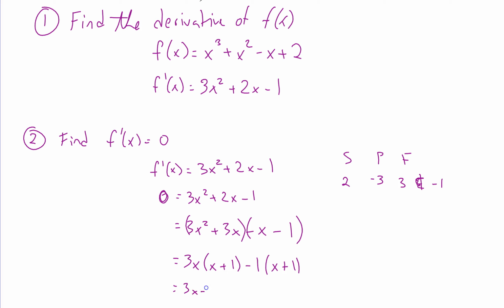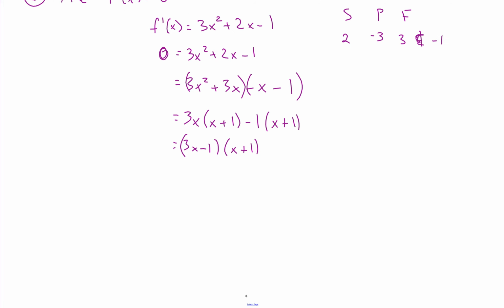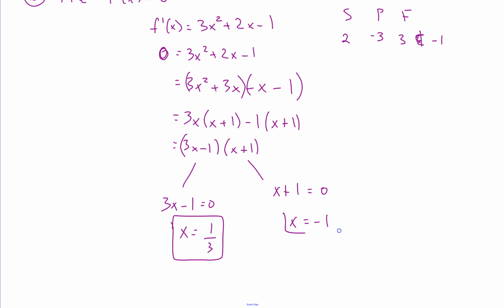So we have 3x minus 1 and x plus 1 as our two zeros. Therefore, 3x minus 1 is equal to 0, x is equal to 1 over 3, and x plus 1 is equal to 0, x is equal to minus 1. So we found our two critical points, our two zeros.